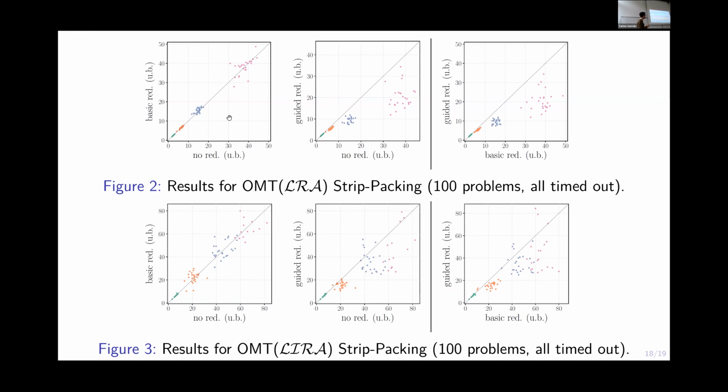So we get more or less the same upper bound. Instead, using the optimization aware reduction, we get much better quality results in the time limit. And also, if we compare the two, the winner is clearly the guided optimization aware reduction. So this was on the LRA strip packing.